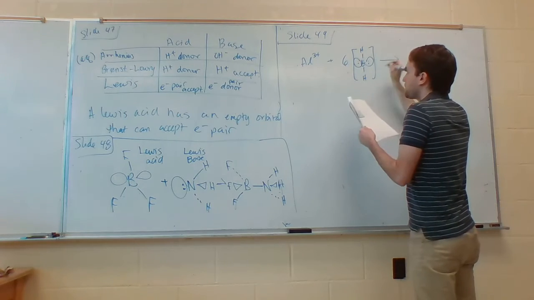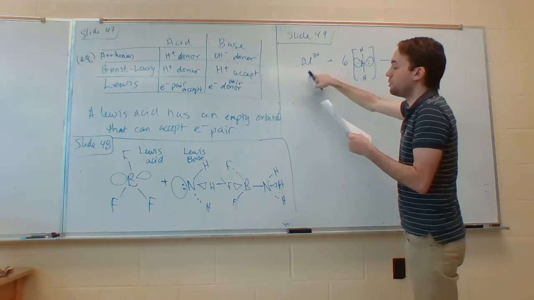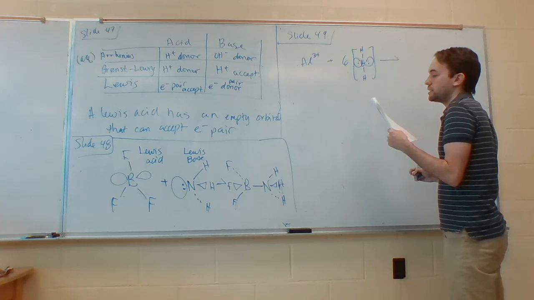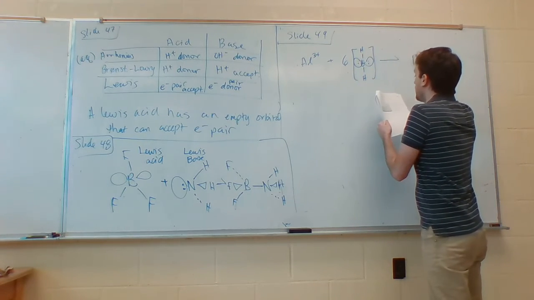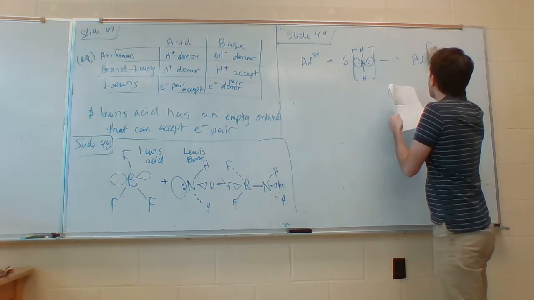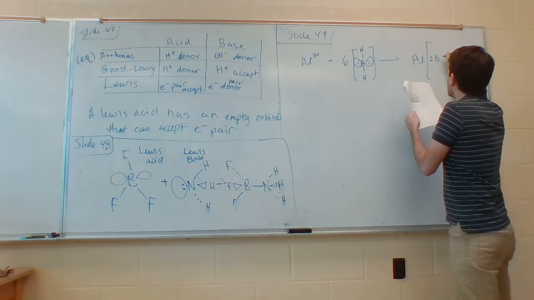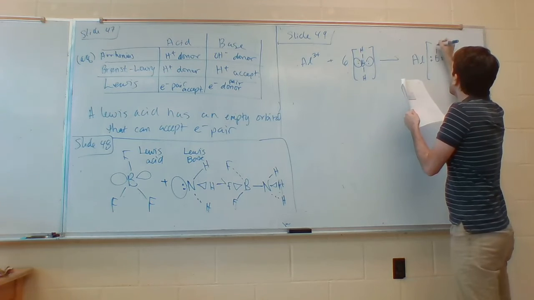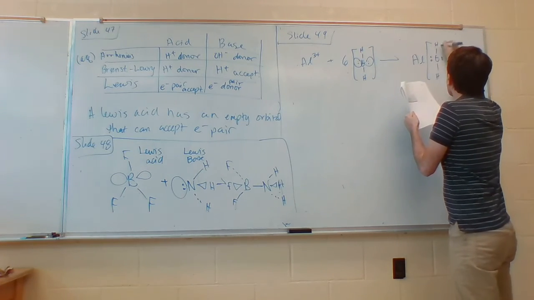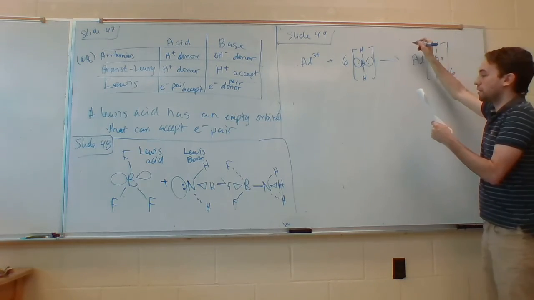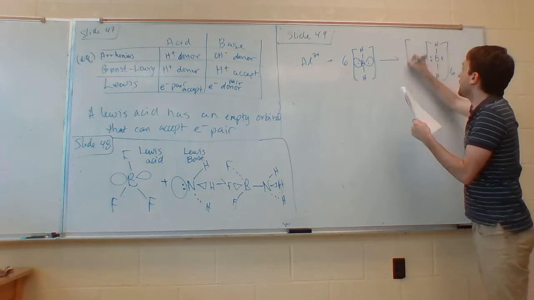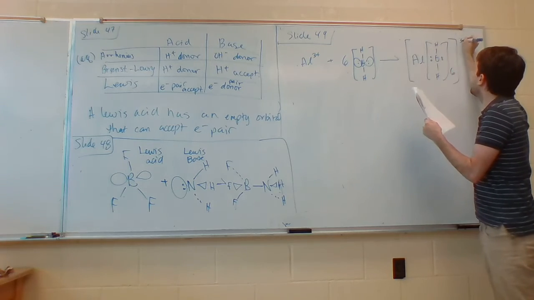Each of the waters is going to donate electrons into the aluminum. So we're going to end up with aluminum with 6 of the waters donated to it, and it all is going to have an overall charge of 3+.